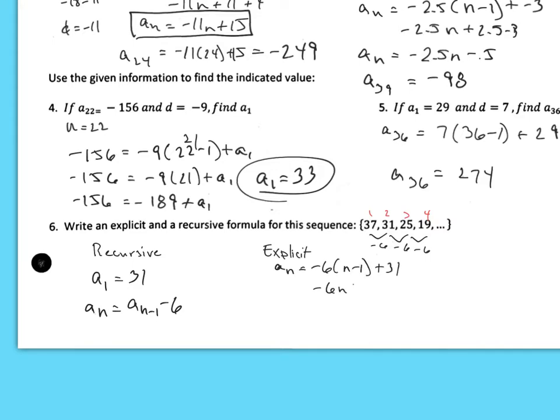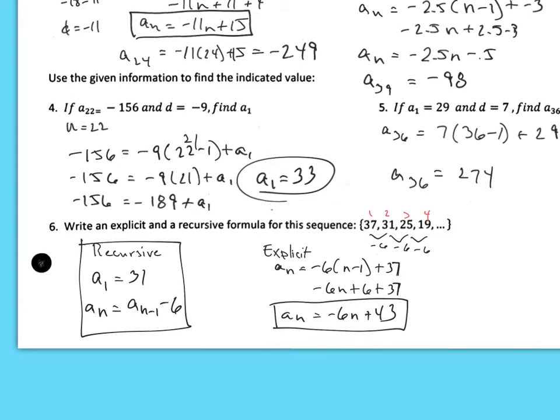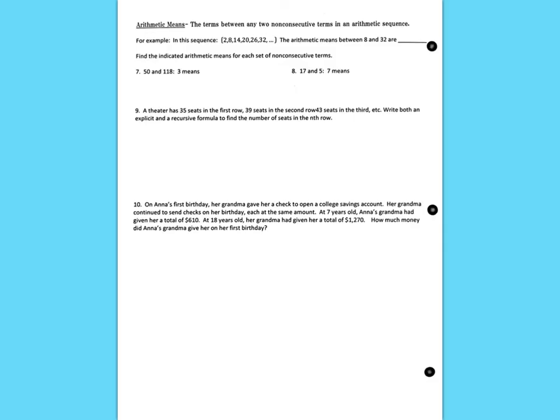So negative 6n plus 6 plus 31. So, oh, that's a 37. So a sub n, our explicit formula, is negative 6n plus 43. So the guess and check is over. So recursive should have 2 parts. Explicit is just using the formula.